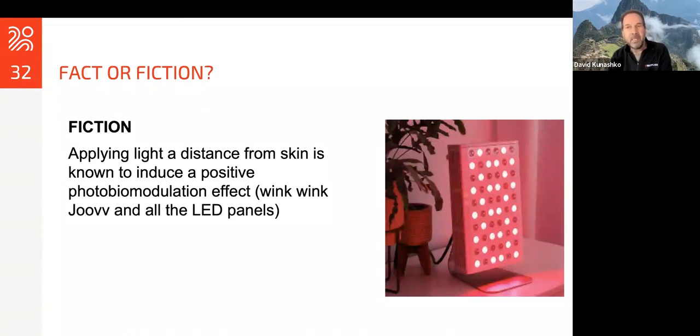Do they have some type of positive effect? Probably. But what they're not doing is a specific dosaging to a certain area of the body that all photobiomodulation clinical research talks about and references. So these devices are something different. They're not devices meant to treat therapeutic conditions or what have you.